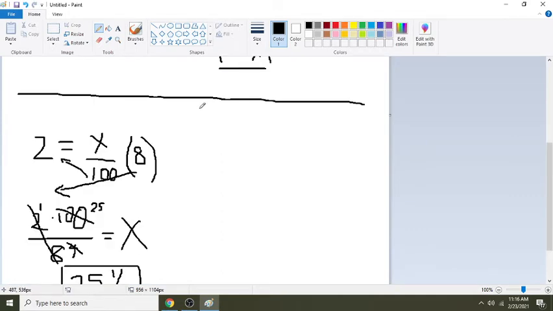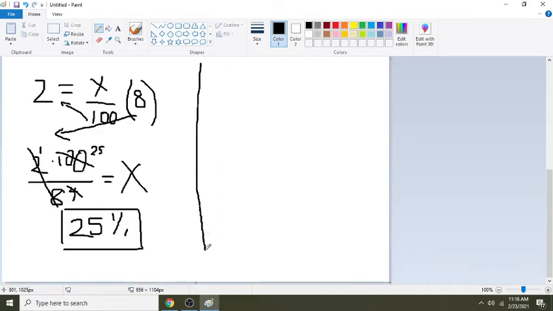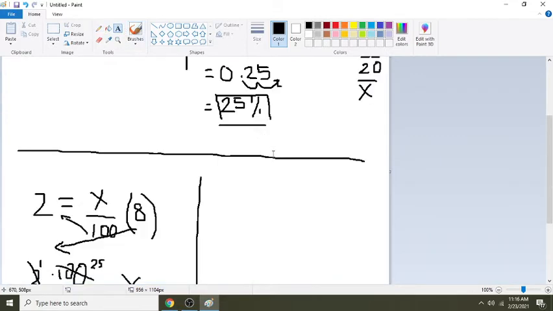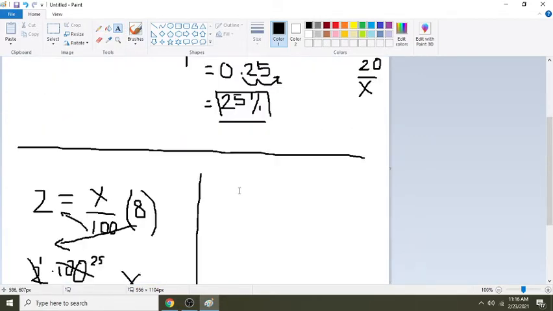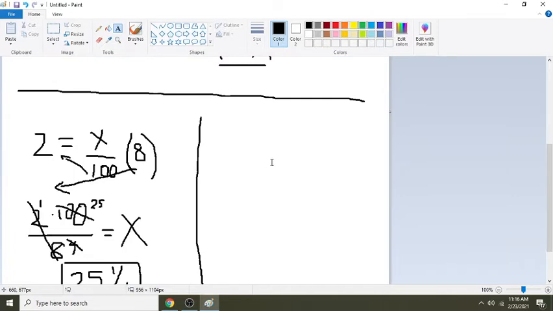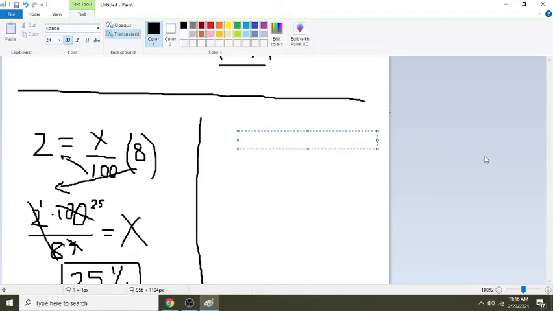The other one is familiarity. Okay. Based on the things that you already know. So usually the basic fractions like 1/4, you must be able to easily answer them if you try to memorize them. You have to know that 1/2 is 50%, 1/4 is 25%, 3/4 is 75%.